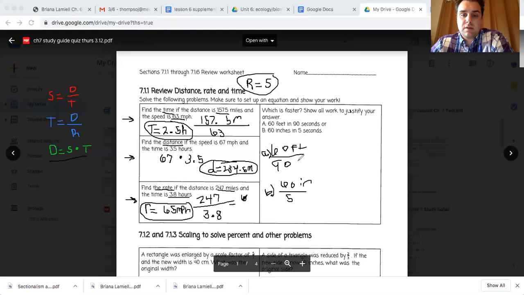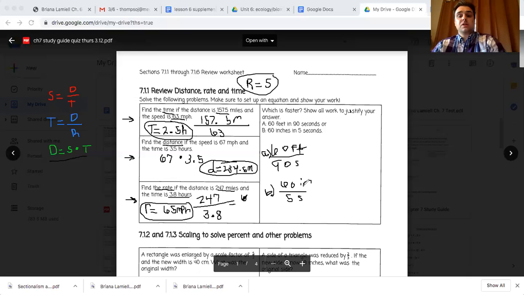Okay, so we have 90. I'll just put S here for seconds, 90 seconds, and S here for 5 seconds. Now, one thing that I noticed right away when I look at both A and B is we're talking about feet here and inches here.